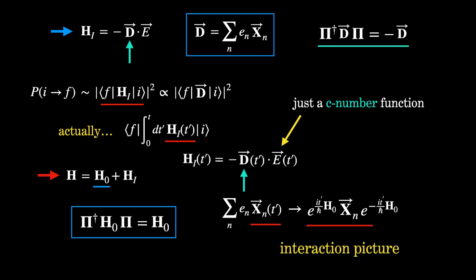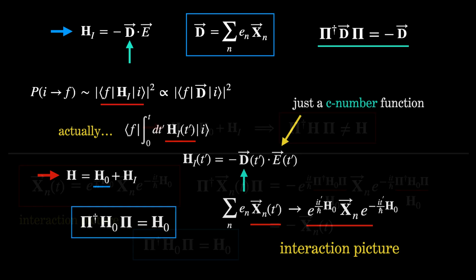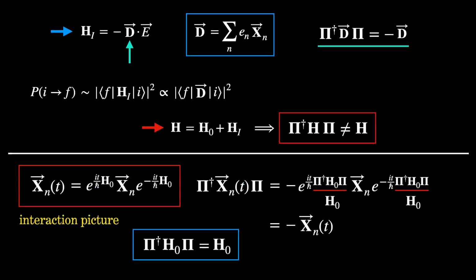You don't have to get all the details here. All you need to know is that the operators evolve in time by H0, and H0 is parity invariant. This is the way all the operators within HI evolve in time, and we are thus able to define the parity transformation consistently through time.